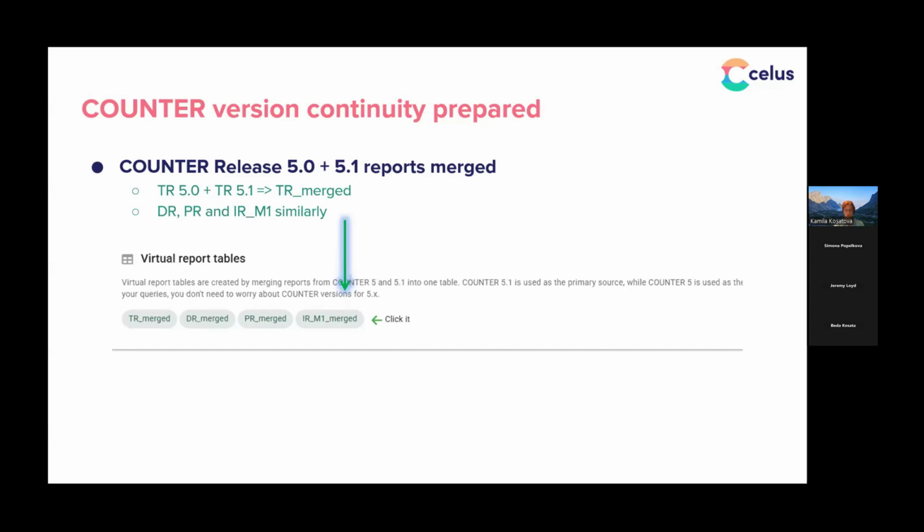For each title report, database report, platform report, or item report for multimedia, it's prepared as merged to access both release 5 and 5.1. One precaution from us: your tables will probably be large.